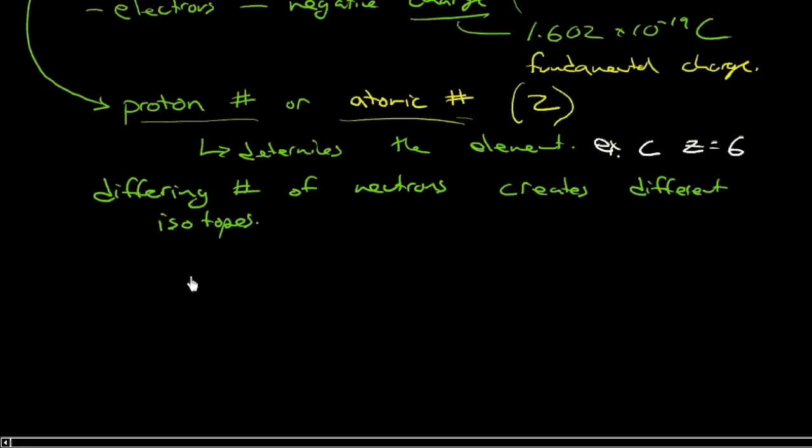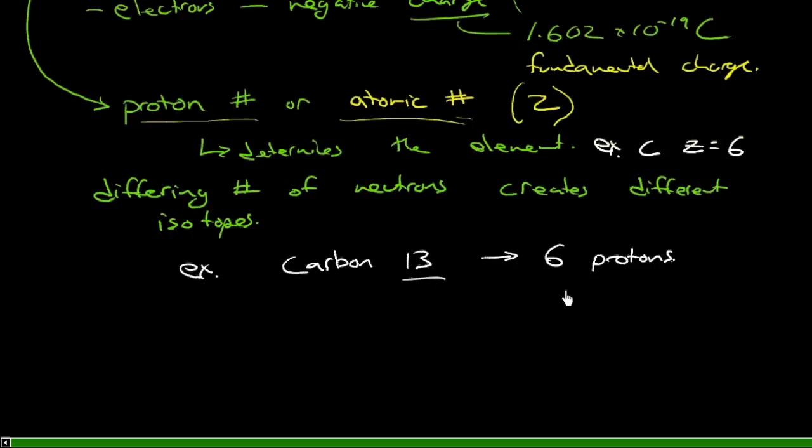So an example of that would be carbon 13. Well, it's carbon, so it's got to have 6 protons, otherwise it's not carbon. But if it's got a mass of 13 of these mass units, which are sometimes called atomic mass units, it's going to have 7 neutrons.